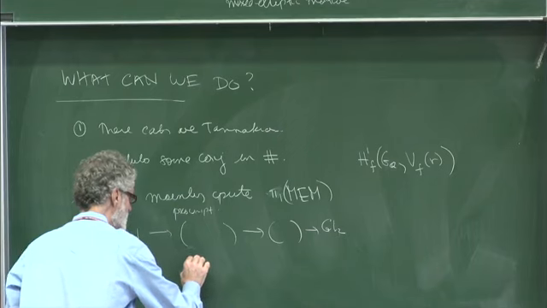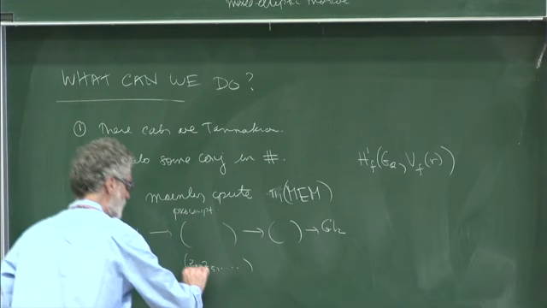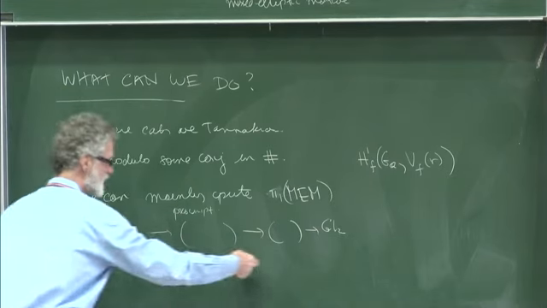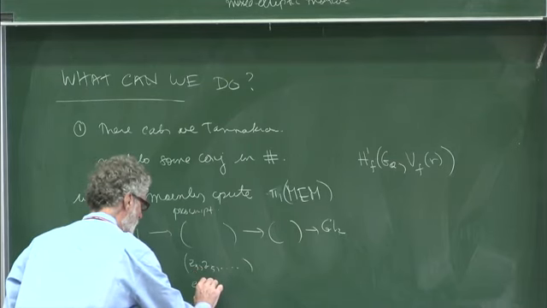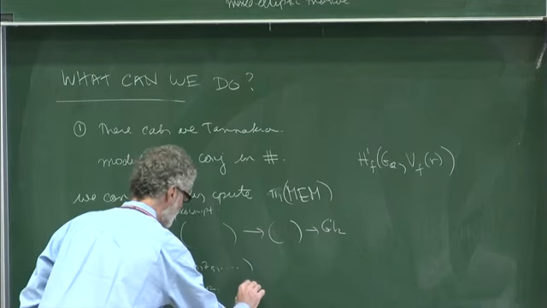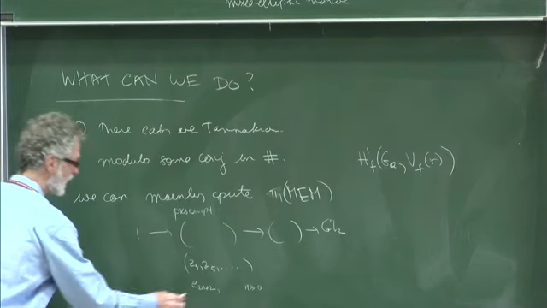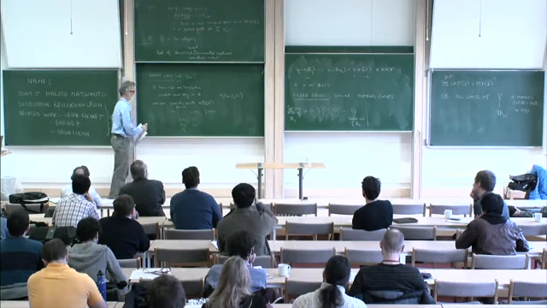And there's two kinds of generators. There's all these guys, Z3, Z5, and so on, coming from mixed Tate motives. And in addition, you get a whole bunch of E2n plus 2 here, n greater than or equal to 0, where this corresponds to G2n plus 2, the Eisenstein series.